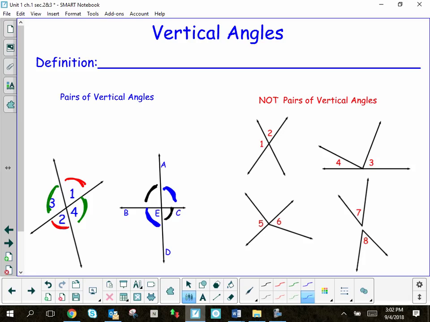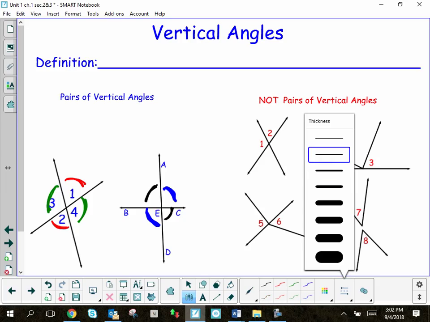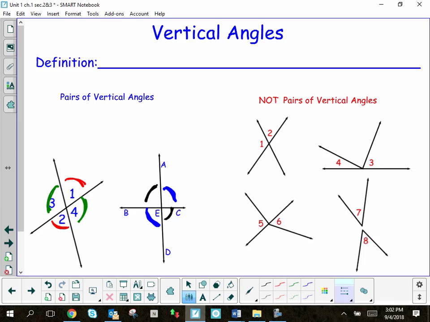Okay, and all of these over here are not vertical. So if you want to actually write them down, you can. You don't have to if you color coordinate it, but angle 1 and angle 2, angle 3 and angle 4. Over here, we're not going to write them all down, just one pair. Angle BEA and angle DEC. Okay?